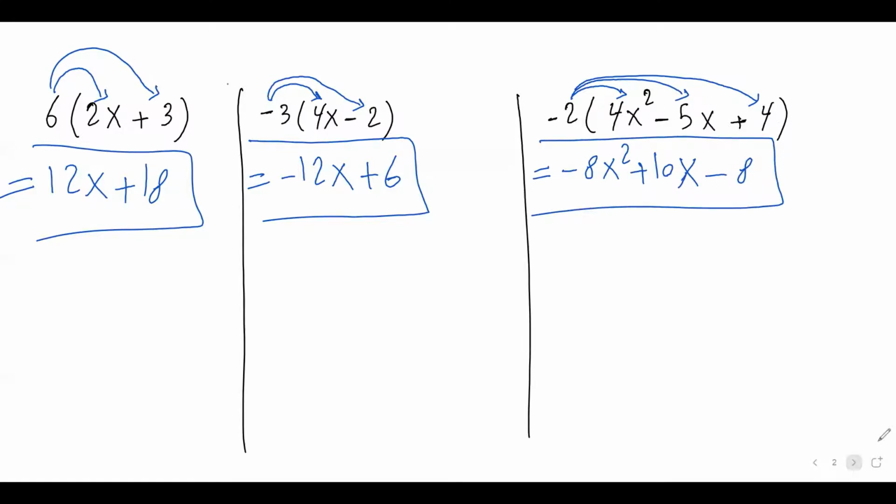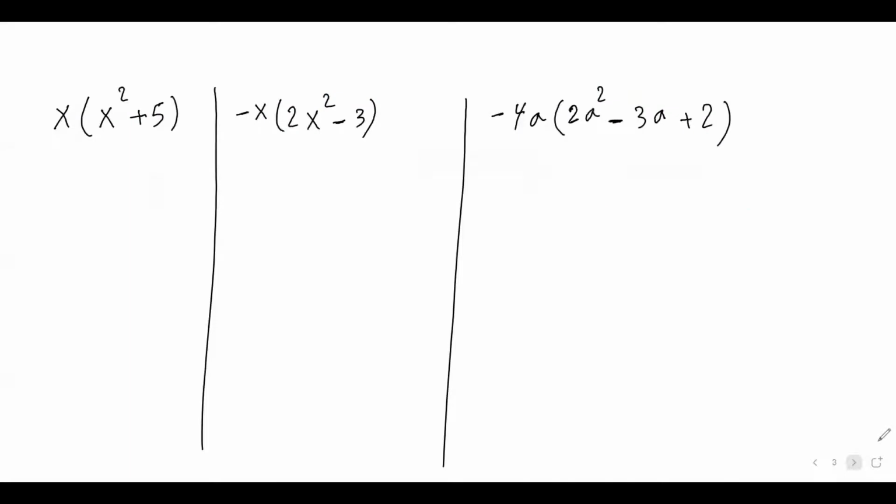Let's do more examples. x times x squared plus 5. Again, we have to distribute this x into the bracket. So I have to multiply x by the first term and then multiply it by the second term. x times x squared. If you remember the exponent rules, we are multiplying two powers with the same base. So I write down one of the bases and add up the exponents.